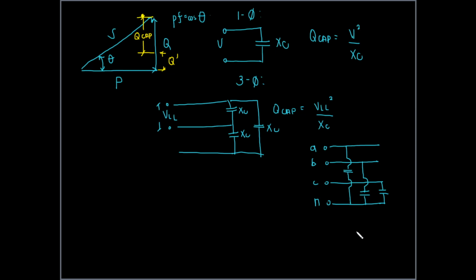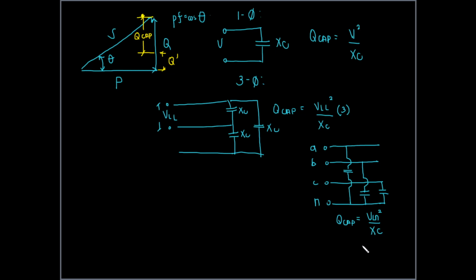So if this is the case, then the Q offered by these capacitors will be equal to V line to neutral squared over XC. Wait, I forgot something. This must be multiplied by 3 because you have 3 capacitors.